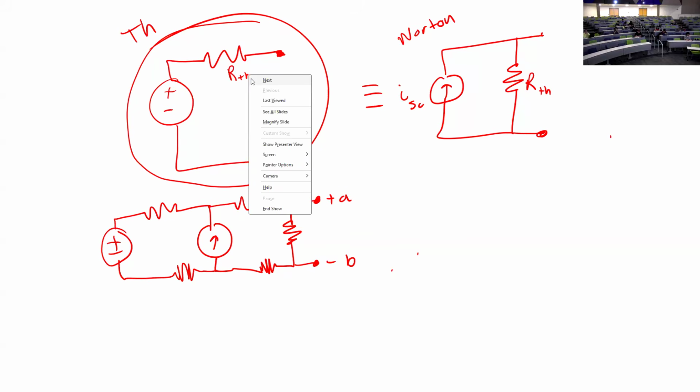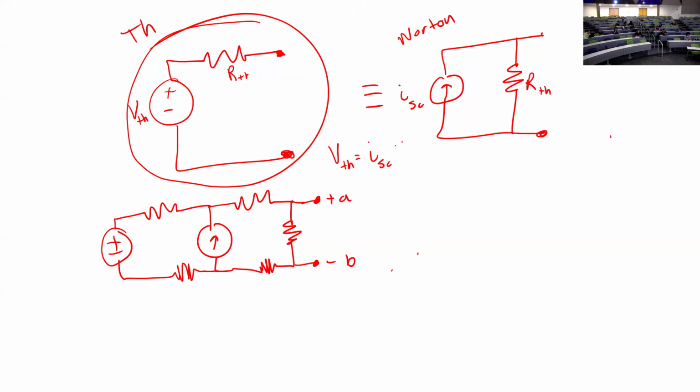This is that same RTH and a different source here. And the relation here is just by Ohm's law. So V Thevenin is equal to I R. So you can go back and forth between these however you like.